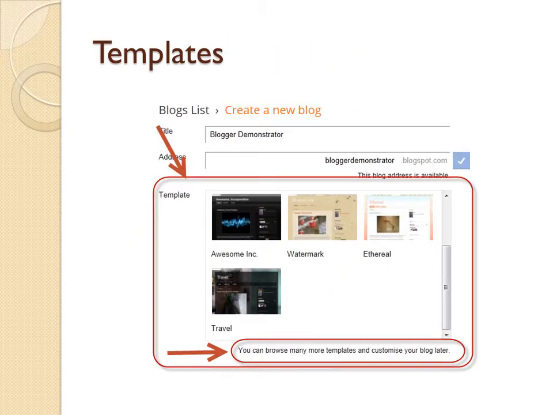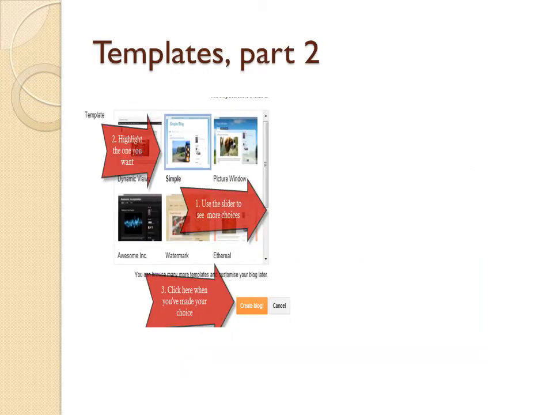All right, so you can see here when I fill this in, it says Blogger Demonstrator. That will be the title. And then the address is bloggerdemonstrator.blogspot.com. And then there is this sliding bar on the side here that you can scroll up and down and look at several different available templates.